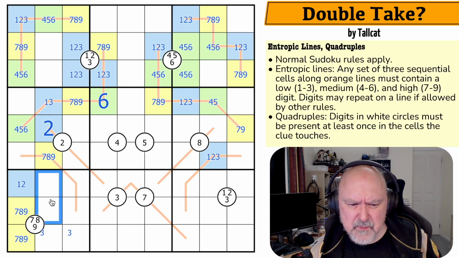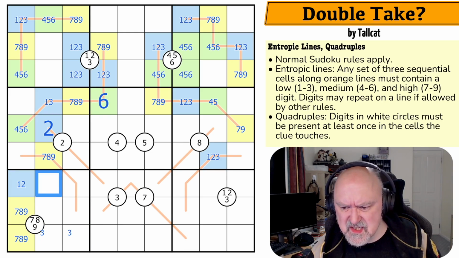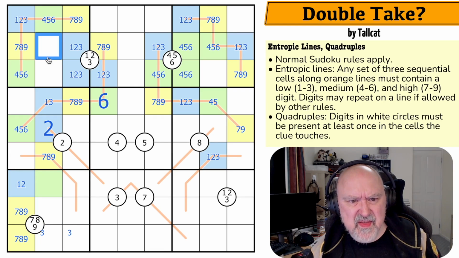So these can't be low. So this is medium because it can't be high and it can't be low because there's a low here and a low down here. So this is medium.